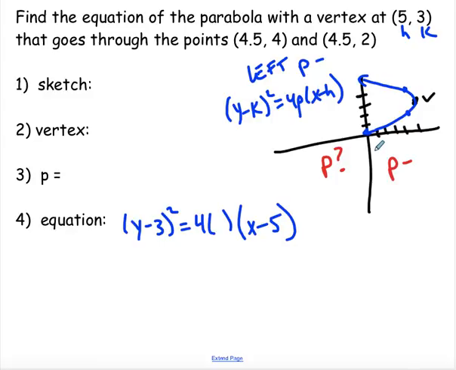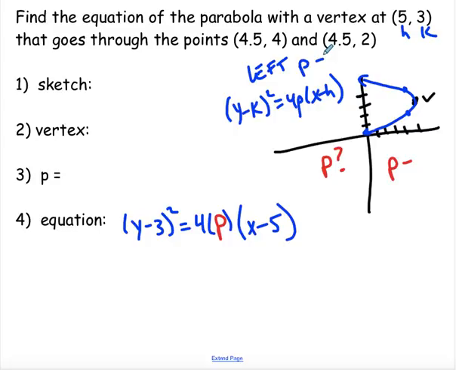So how are we going to figure out P? Well, I'm not given the focus, so I can't count. I'm not given the directrix, so I can't count. But I am given some points.